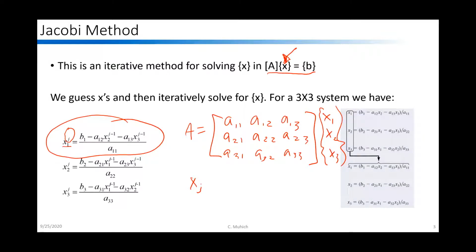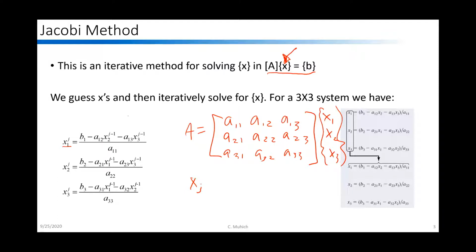So instead, I'm going to put my j in the upper right-hand corner. And so the idea behind this method is I'm going to make three guesses: an old x1, an old x2, and an old x3, and I'm going to calculate a new x1, x2, x3 using the old x variables and that simple linear solution equation.